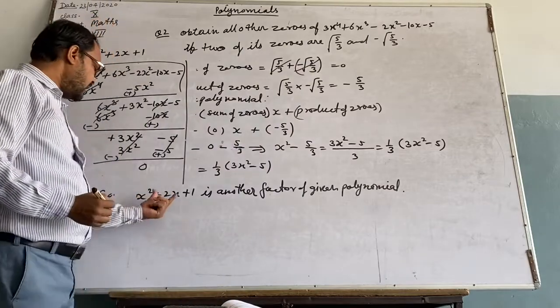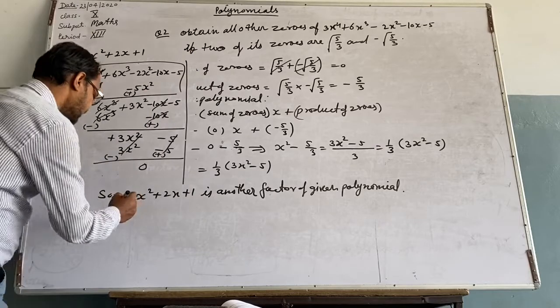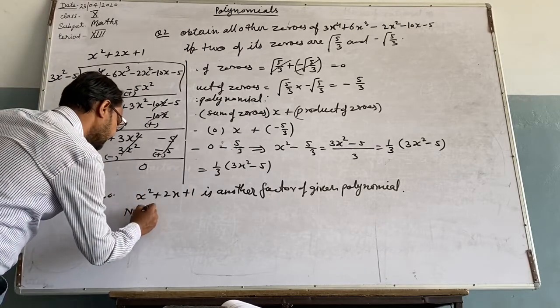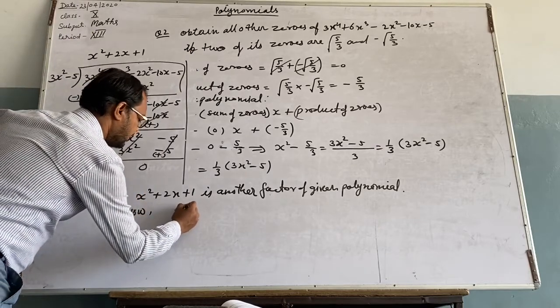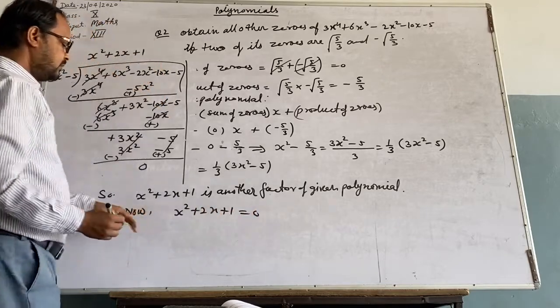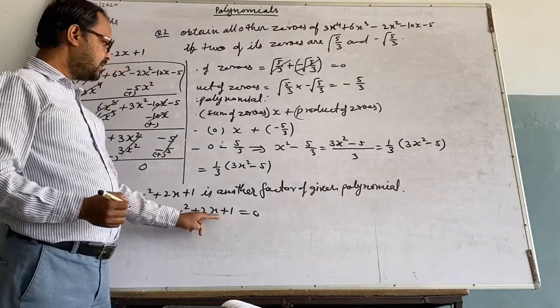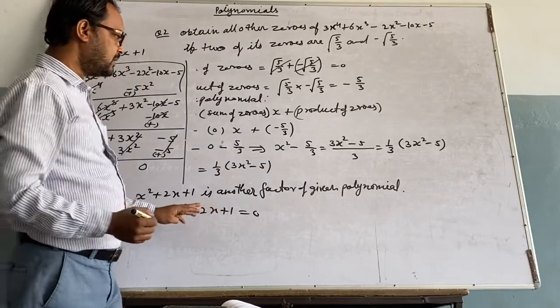So when we again factorize this, we can get other zeros. Now x square plus 2x plus 1 equal to 0. You can use a plus b whole square also. Either you can use the middle term splitting method.